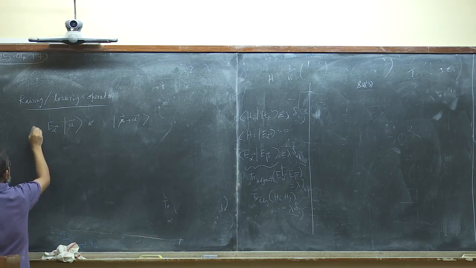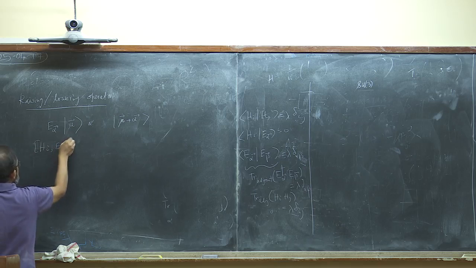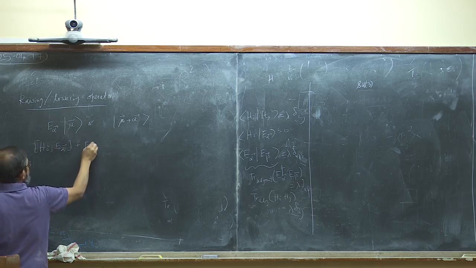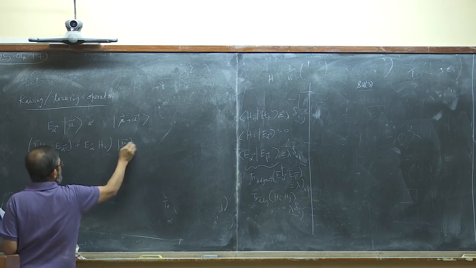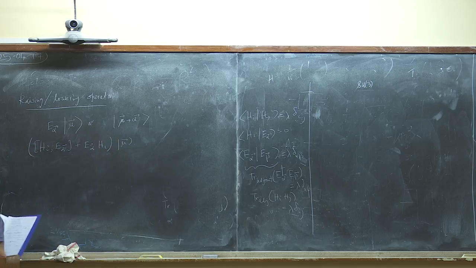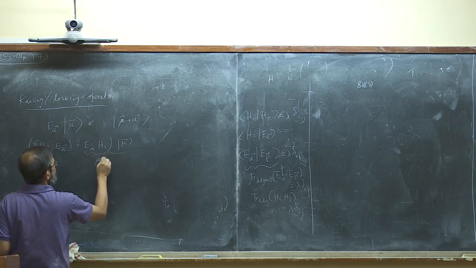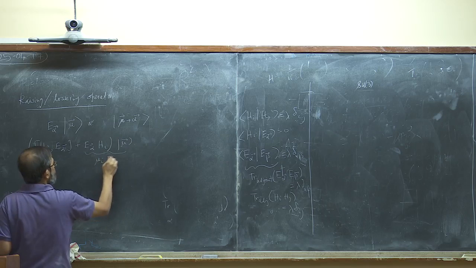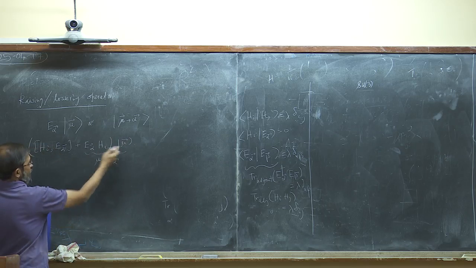So just act by Hi on this. We will act by Hi on this, which is essentially the commutator plus E alpha Hi acting on mu. So this part gives you mu I. Hi acting on mu gives you a C number, mu I, and then E alpha just passes through.